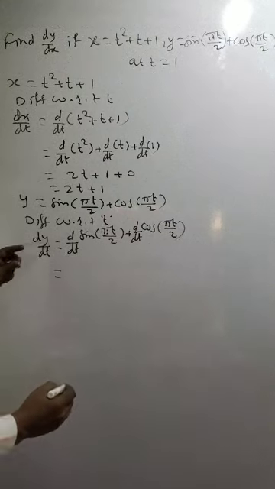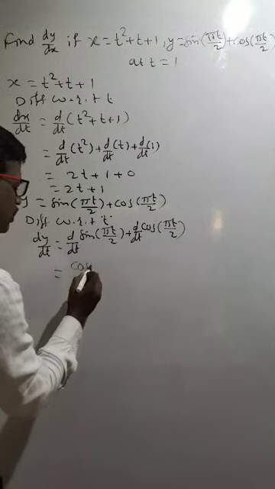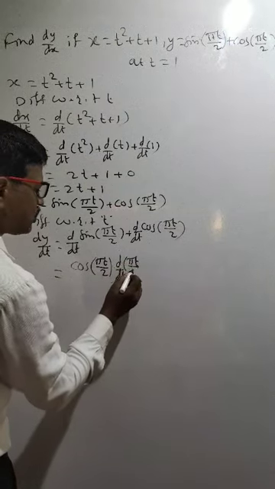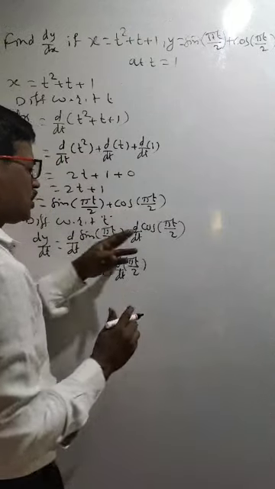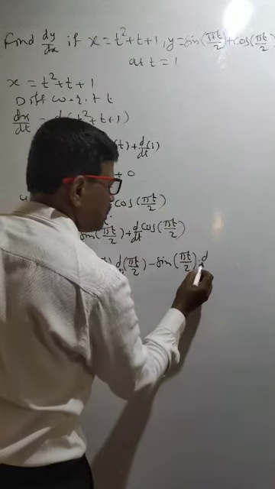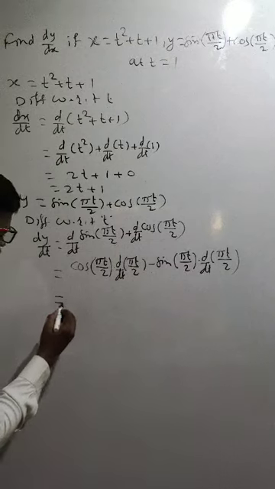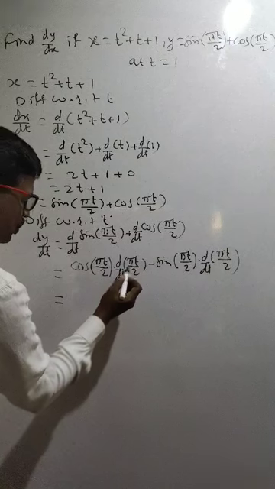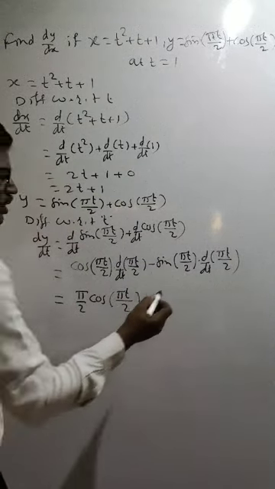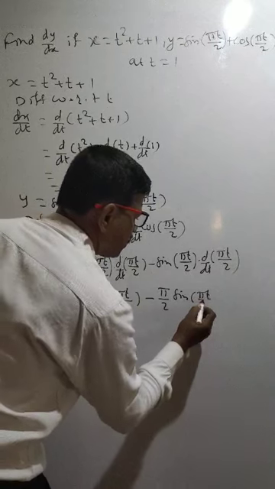The derivative of sin x is cos x, so we get cos of pi t upon 2 into d by dt of pi t upon 2, plus the derivative of cos x, which is minus sin, minus sin of pi t upon 2 into d by dt of pi t upon 2. d by dt of pi t upon 2 is pi by 2 into 1, pi by 2. So dy by dt equal to pi by 2 into cos of pi t upon 2 minus pi by 2 into sin of pi t upon 2.